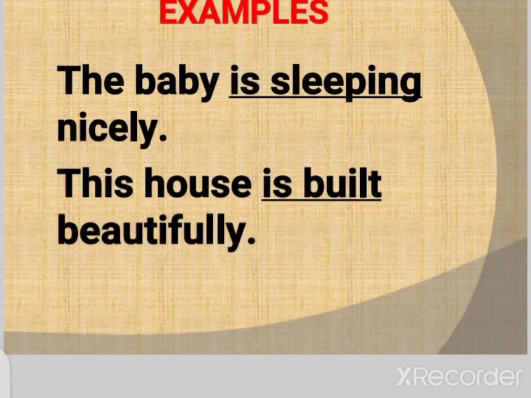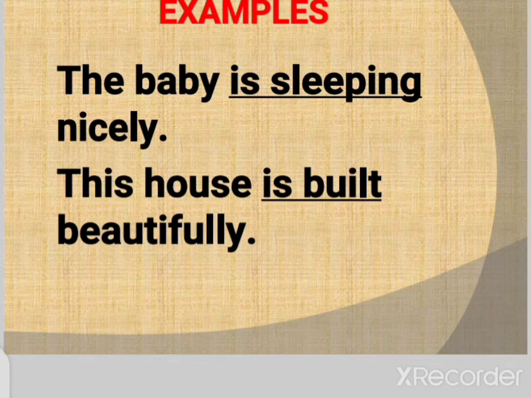For example, the baby is sleeping nicely. Here, sleeping is an action. The subject is the baby. We are talking only about the baby's action. There is no other person's intervention.